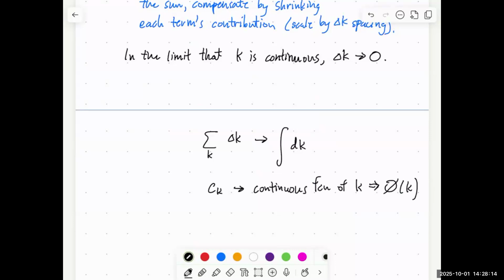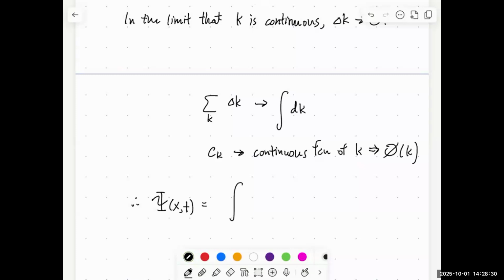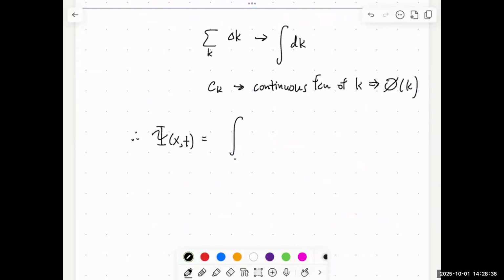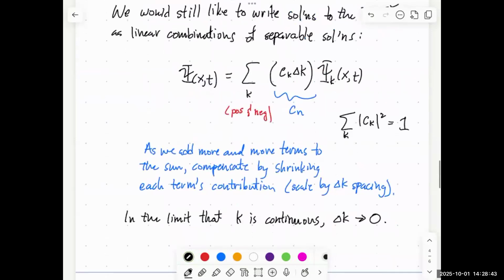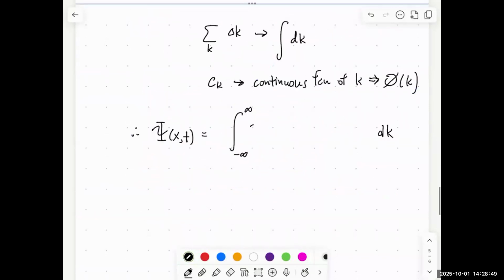So then what we end up with is, let's see, our full solution to the time-dependent Schrodinger equation is going to look like, well, our sum is going to become an integral. So we're going to integrate over k from minus infinity to infinity, and I'll put in a dk over here. Our c_n, we already have the delta k, we're going to write the c_n as this function of k.